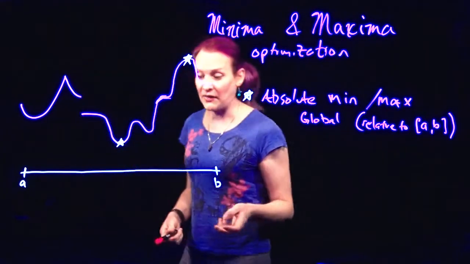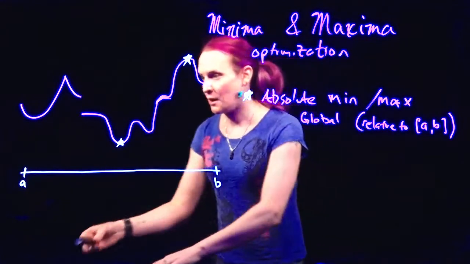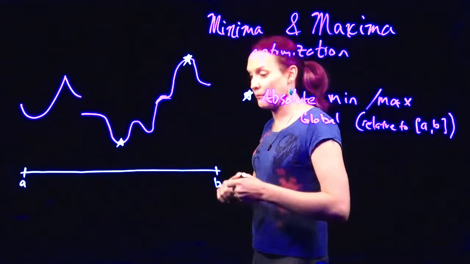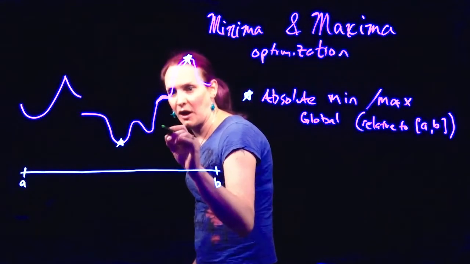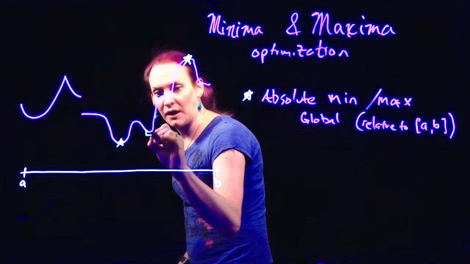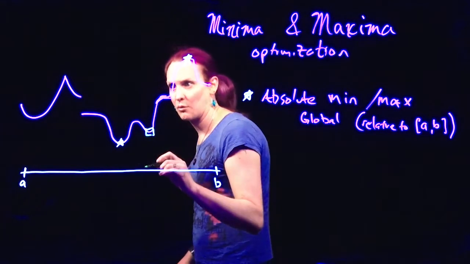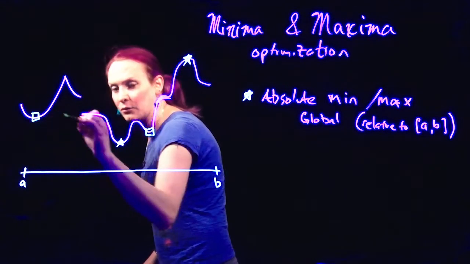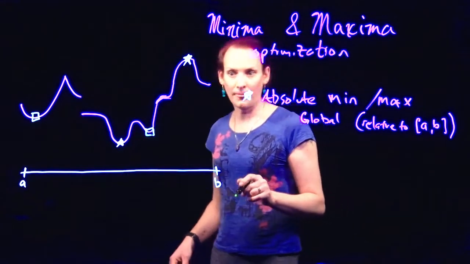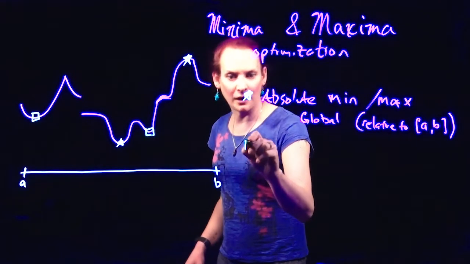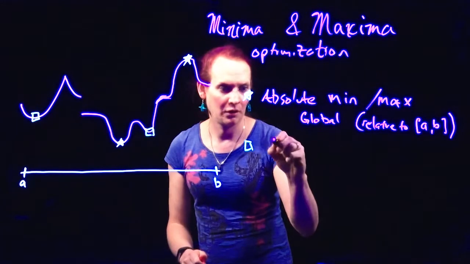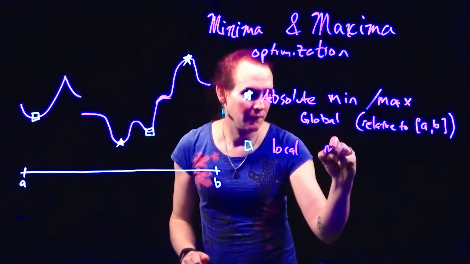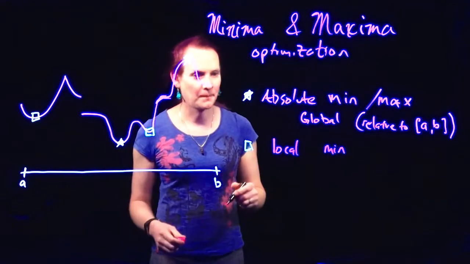And the reason is that I would like to label some other points for you also. So let's throw down, let's go right here. Let's put a square right there and right there. And squares are my local minimums.